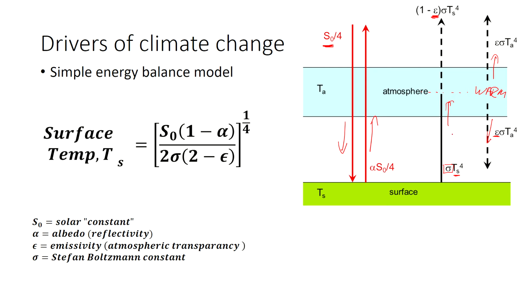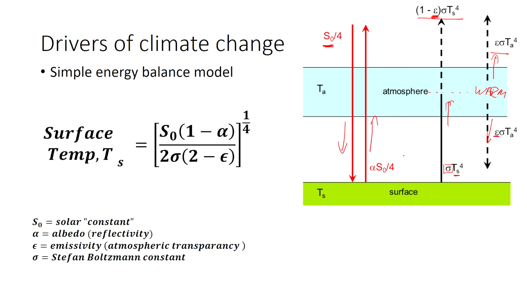So at the top of the atmosphere, we can start to balance all of these terms. We can add up all of the downwards-going fluxes: S divided by 4, minus alpha S divided by 4, minus this term here, minus this term here. Then we can also add up the fluxes at the bottom of the atmosphere and do the same thing, which gives a slightly different equation.